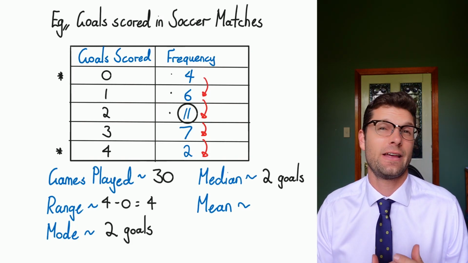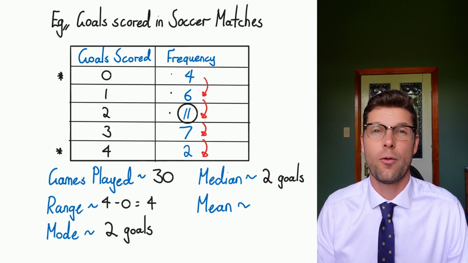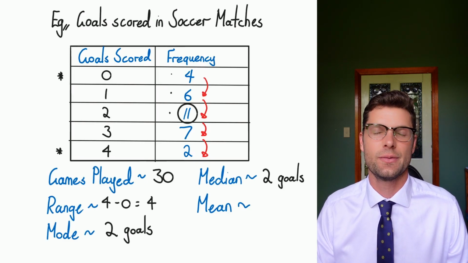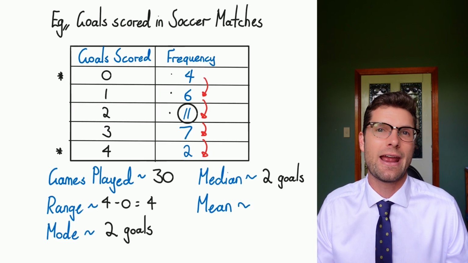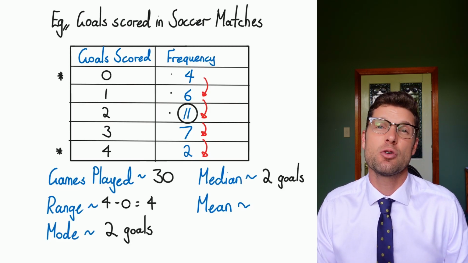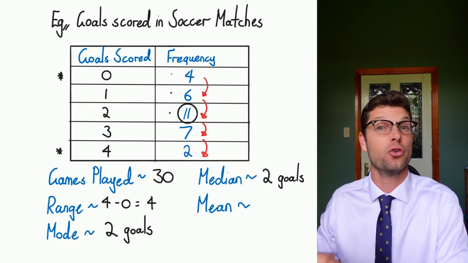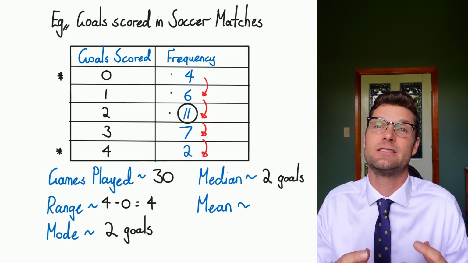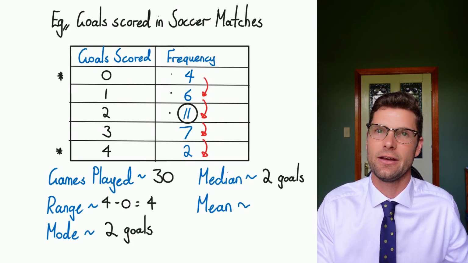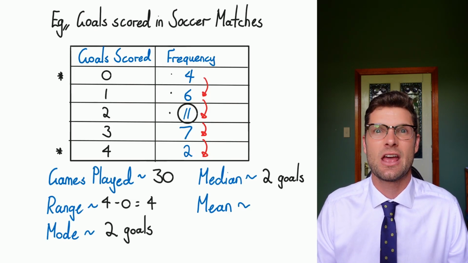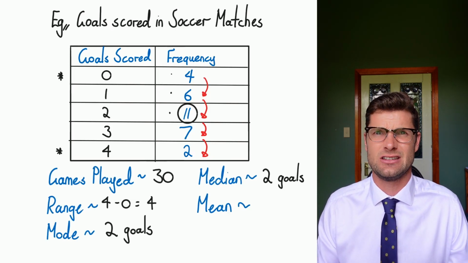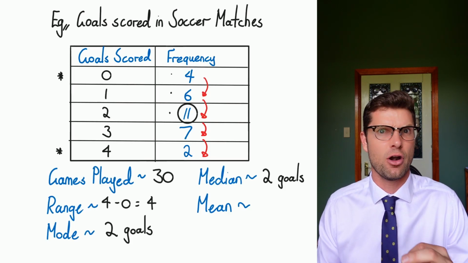Finding the mean is definitely the hardest thing that we could do off one of these frequency tables. We want to know how many goals we would score in a random average game. So what we've got to do is add up all the goals we scored in total and then divide it by the number of games we played. To do this, you just have to use a little bit of common sense. For the 4 games that I scored 0 goals, I scored 0 goals.